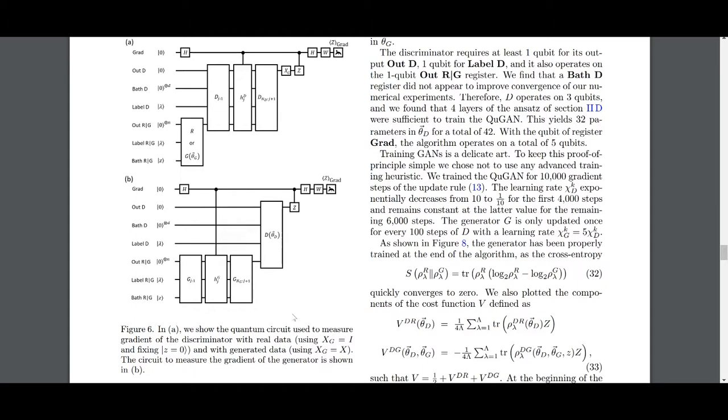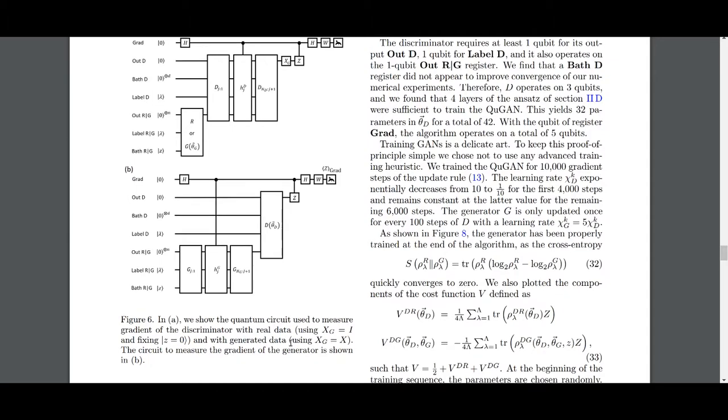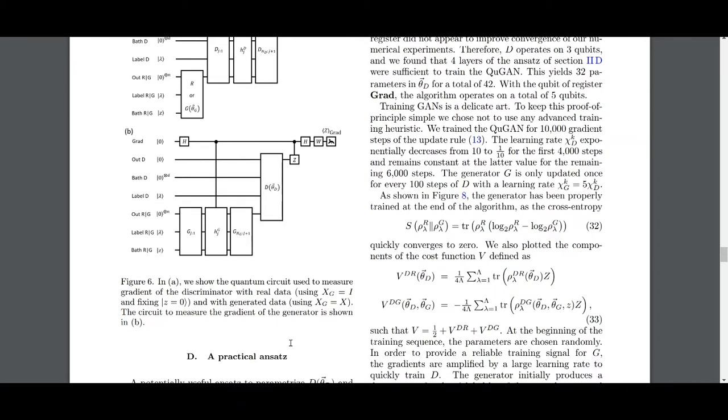In figure 16a, the X_G is the identity. It says here generated data.